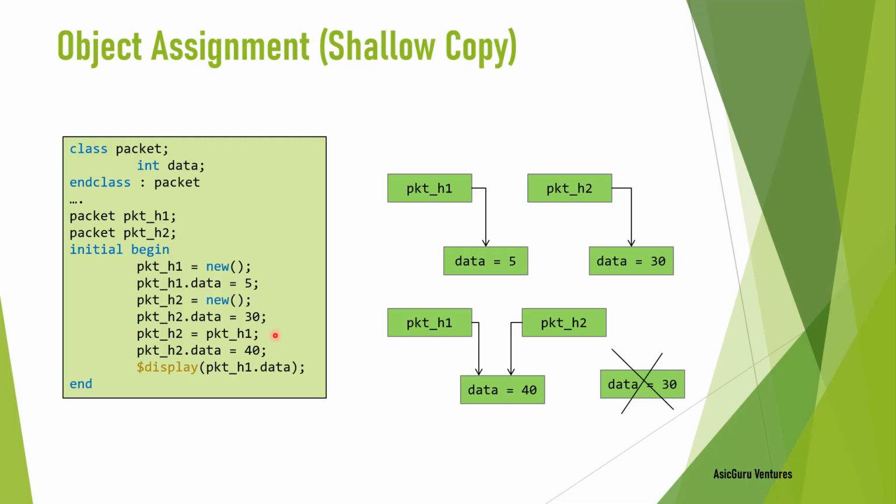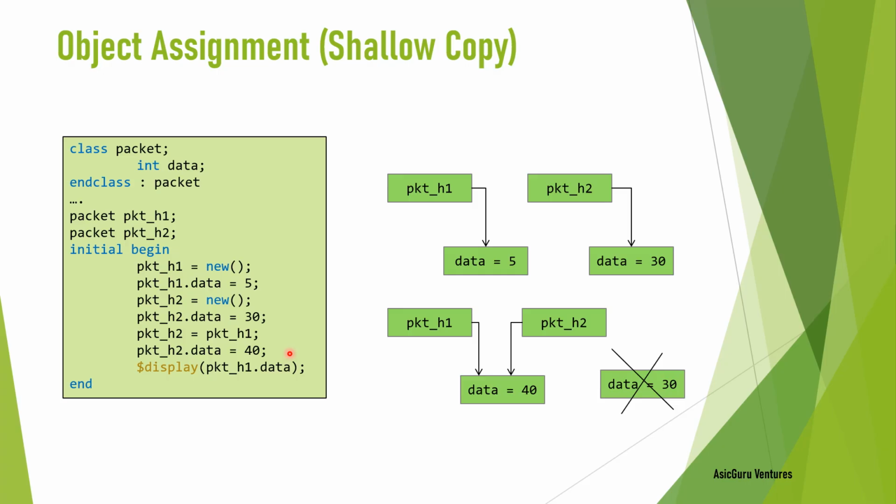So this is where shallow copy comes in the picture. Now both handles are pointing to the same object. So when we do packet handle 2 dot data equals 40, we are actually changing the object that both the handles are pointing to.